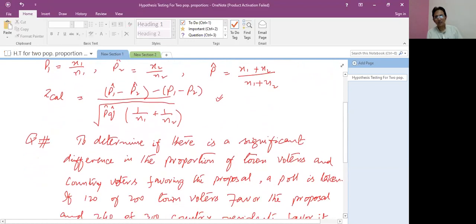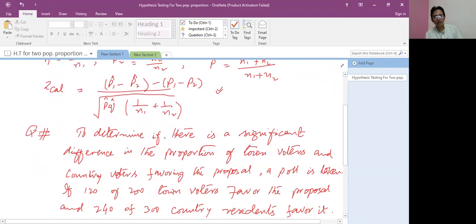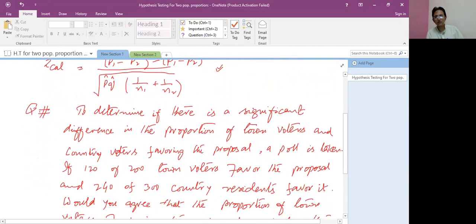So we consider an application. Student, to determine if there is a significant difference in the proportion of town voters and country voters favoring the proposal, a poll is taken. 120 of 200 town voters favor the proposal and 240 of 300 country residents favor it.